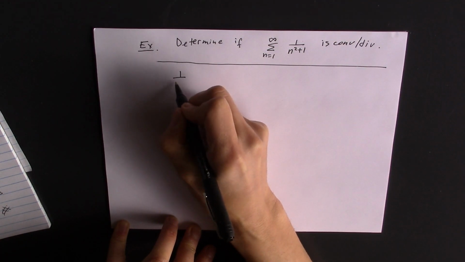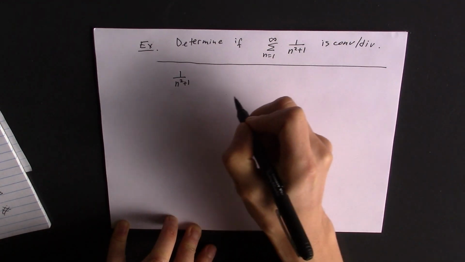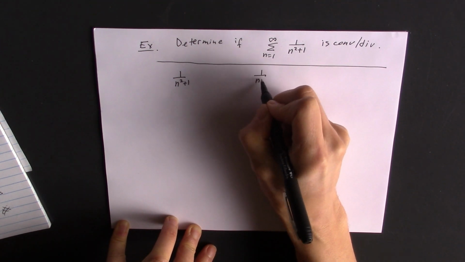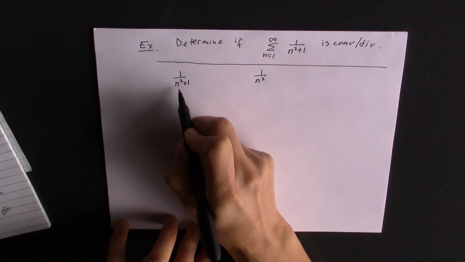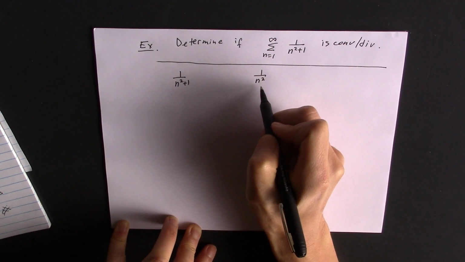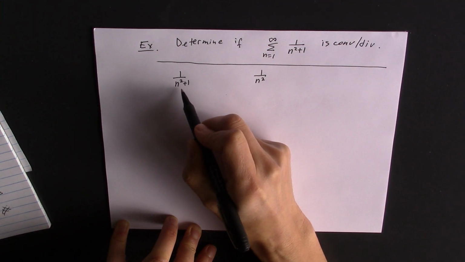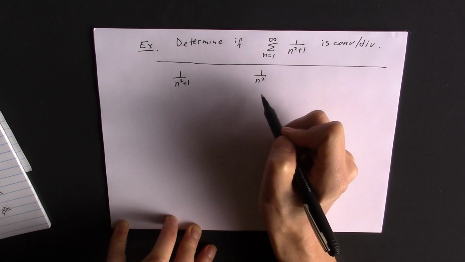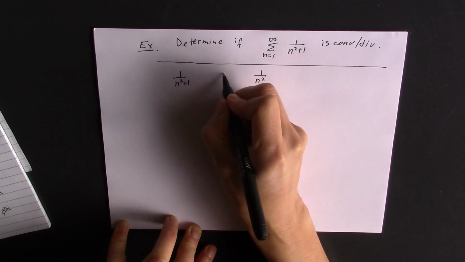What we notice is 1 over n squared plus 1 and 1 over n squared. n squared plus 1 is bigger than n squared, so the denominator in the first one is bigger than the denominator of the second one, so the fraction is going to be smaller.